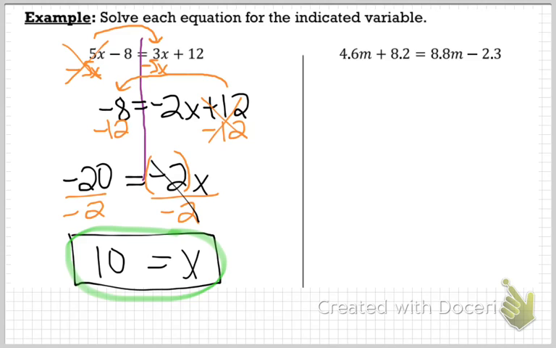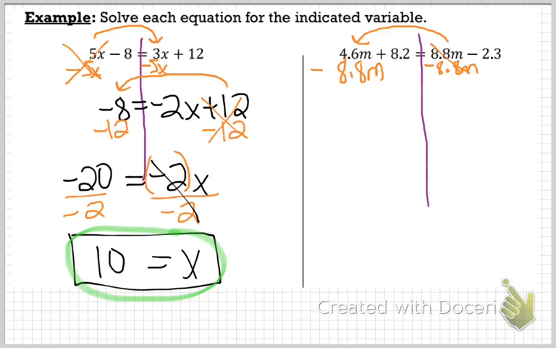So next one. Next problem here. First thing I want to do is bring this down. Next thing I want, if you're used to seeing the letter, the variable on the left hand side, well, let's move this over to the left hand side. That way our two like terms are on the left hand side of the equal sign.